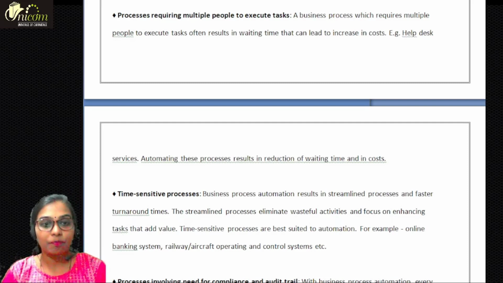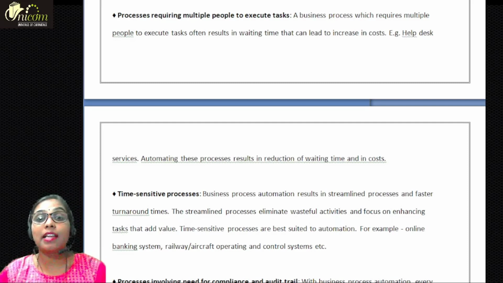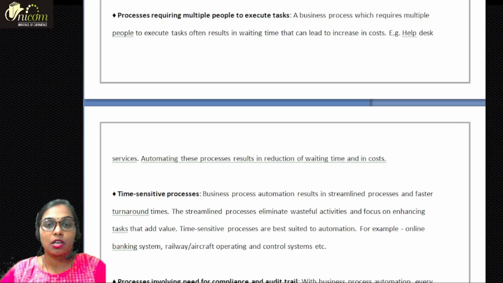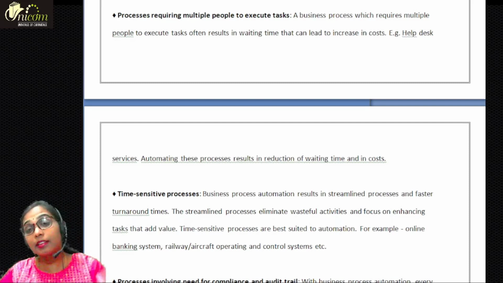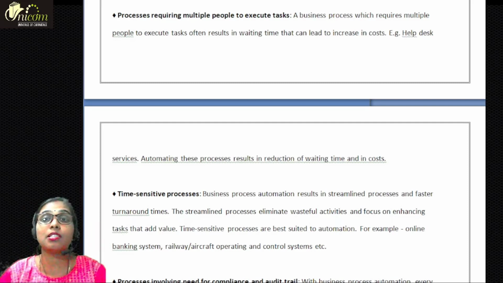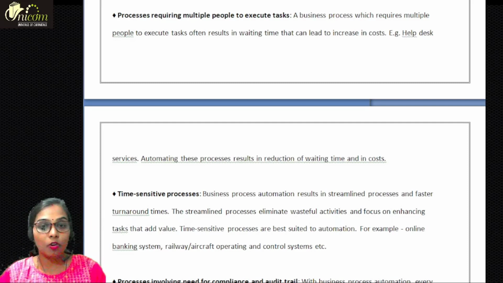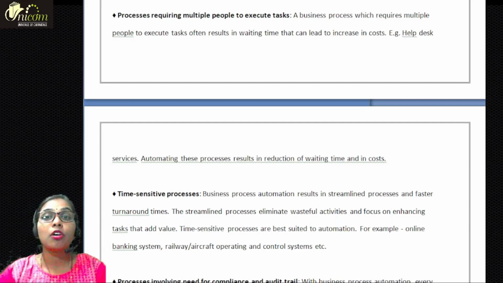Okay, fine. Next is time sensitive processes. These processes are used in banks, in railway stations, and in airports.